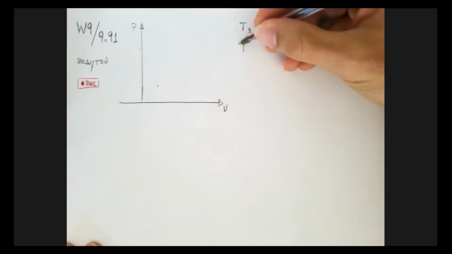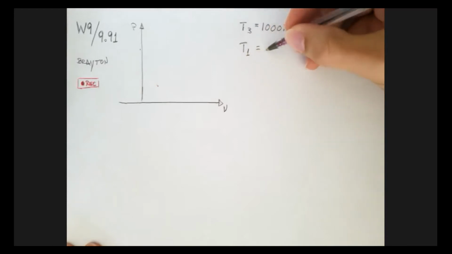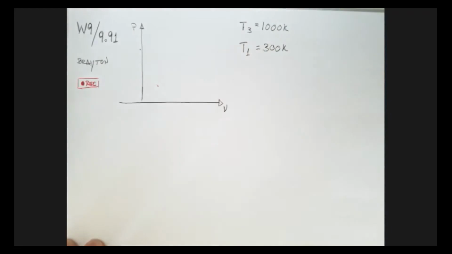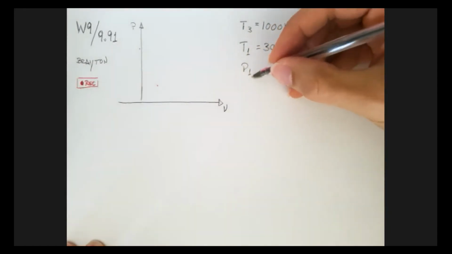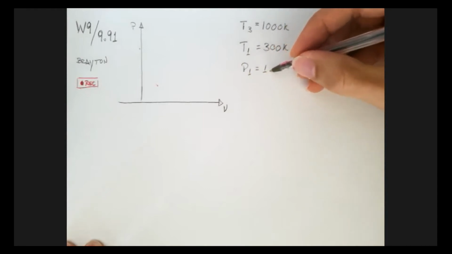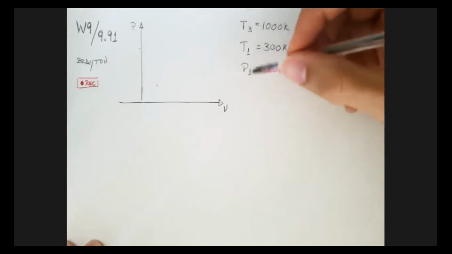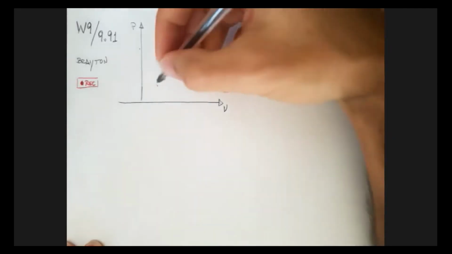My minimum temperature is T1, and that is 300 Kelvin. And then we have pressures. Pressure 1 is 100 kilopascals, and the other pressure, the maximum pressure, is 2,000.